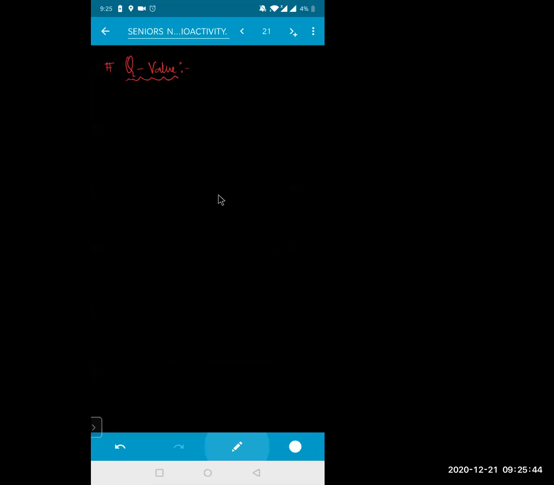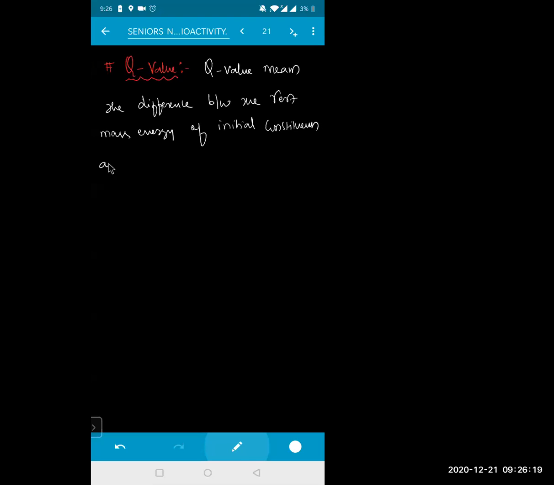So Q value is calculated as the difference between the rest mass energy of initial constituents and the rest mass energy of final constituents of a nuclear reaction.